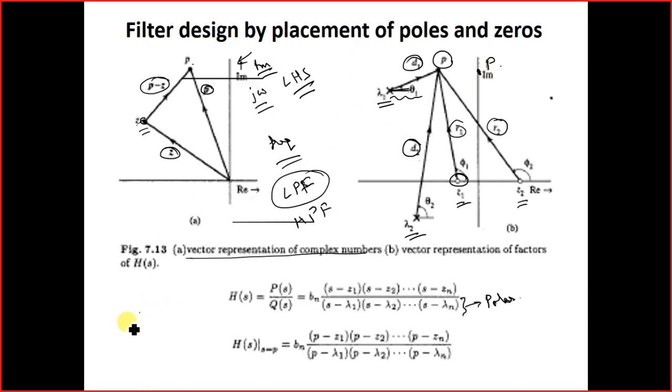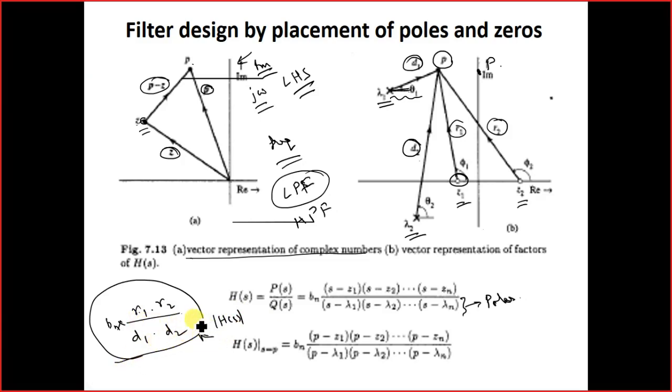The magnitude is D1 multiplied by D2 for poles, and for zeros it will be R1 multiplied by R2, and if I want to give some gain, say Bn. So here we are only talking about the real component, that is basically the magnitude of Hs.